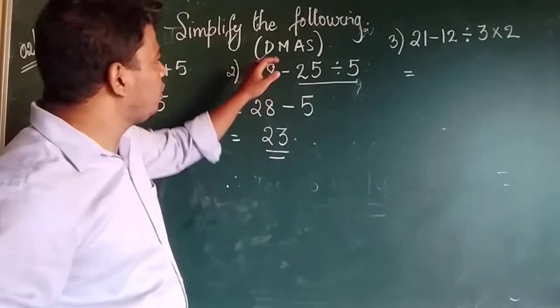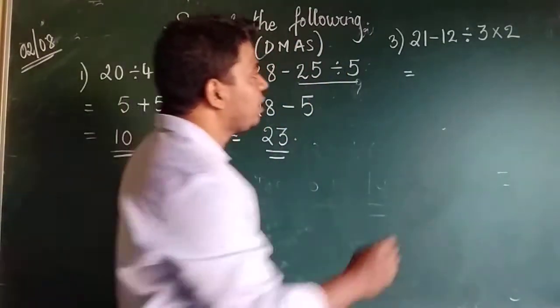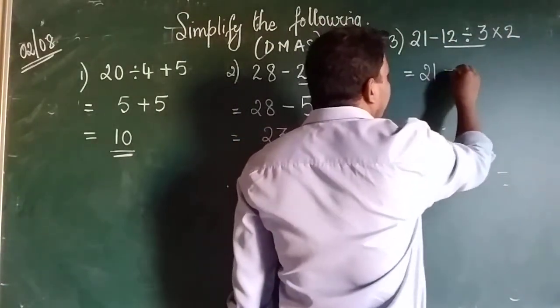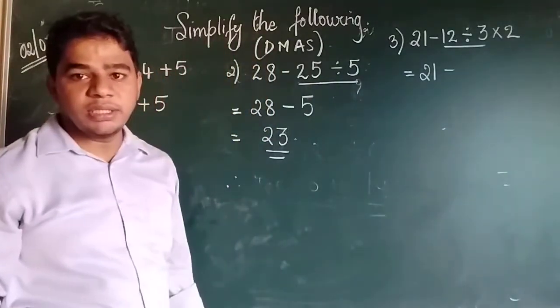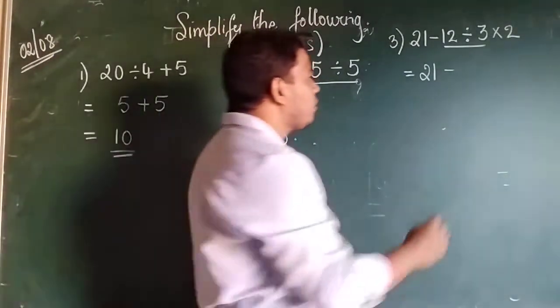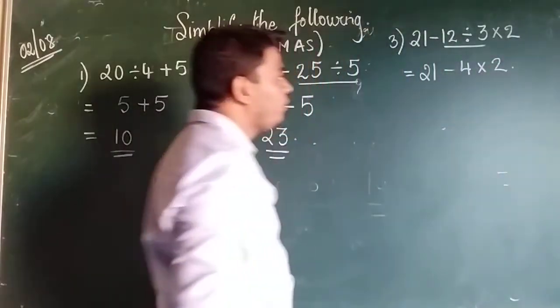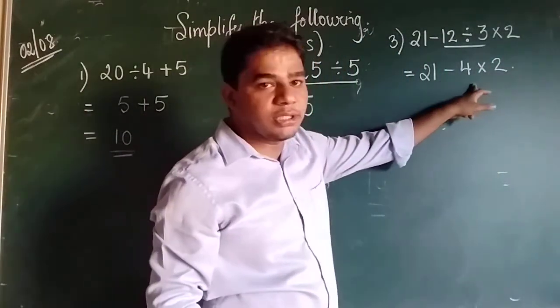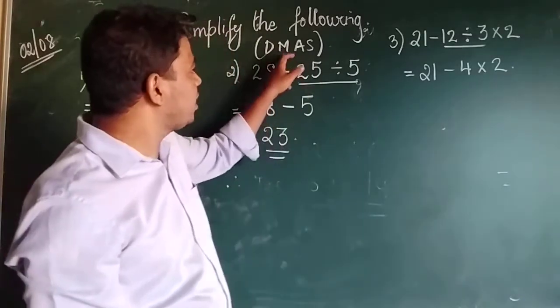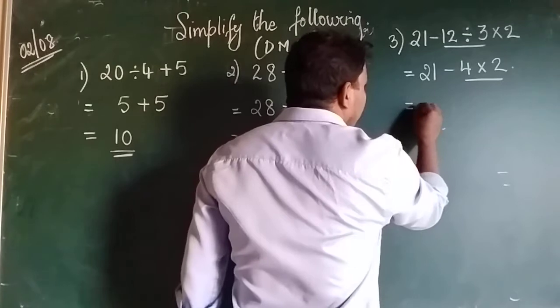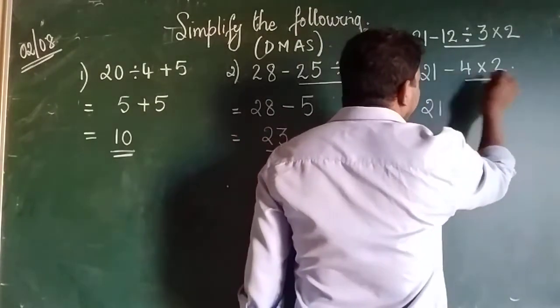Okay, so we'll go as per this. First we'll do the division part. So here you get 21 minus, 12 divided by 3 is 4 (3 4s are 12), multiplied by 2. Now we have subtraction and multiplication, so we'll go for multiplication first as per DMAS. So what we get is 21 minus 4 times 2, that is 8.